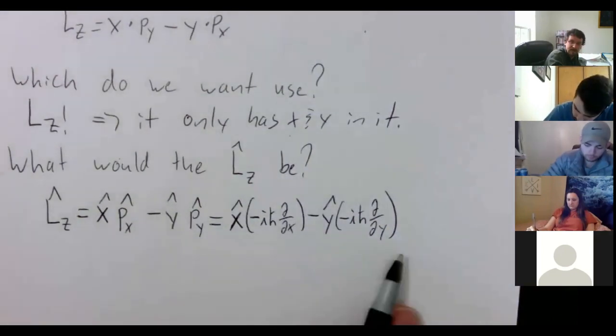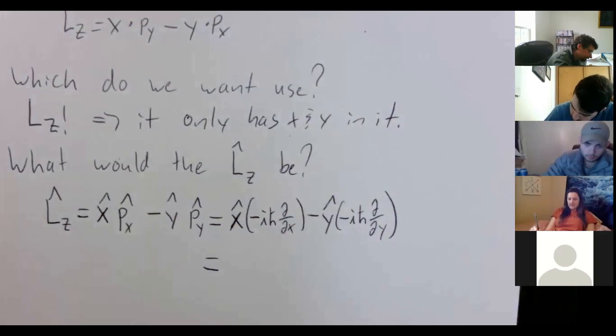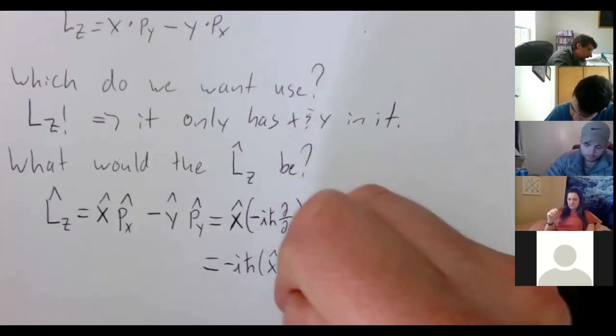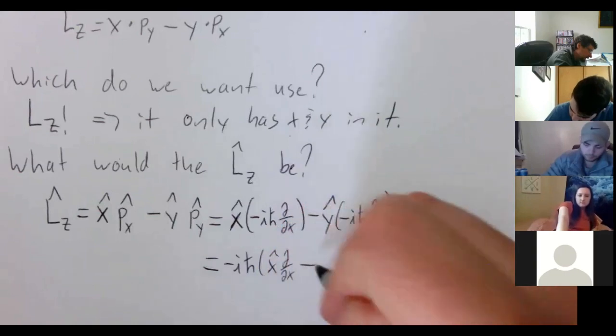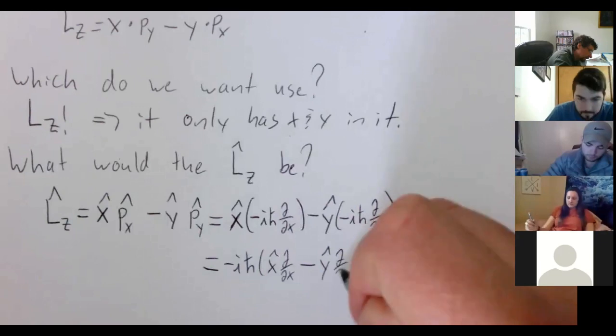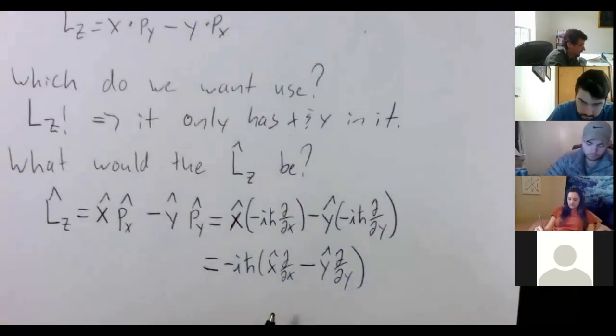Okay, so how can we simplify this? What can we pull out? Negative i h bar. Then we get X hat d/dy minus Y hat d/dx.